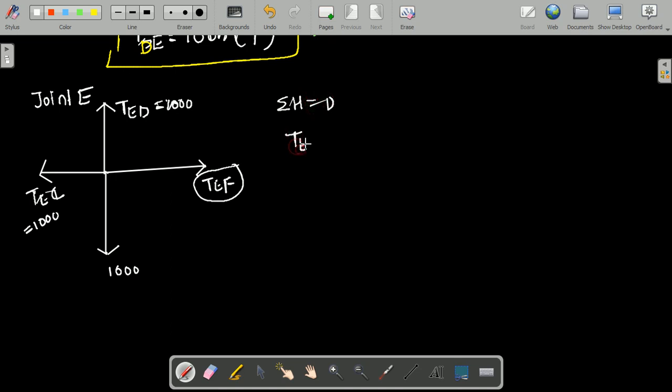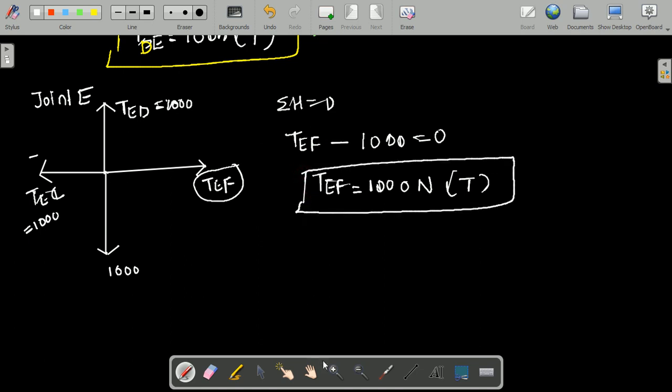TEF is in the positive direction, therefore it is positive, and minus TCE is in the negative direction, therefore minus 1000 is equal to 0. By this I am getting the value of TEF as 1000. Since it is positive, it is in tension.